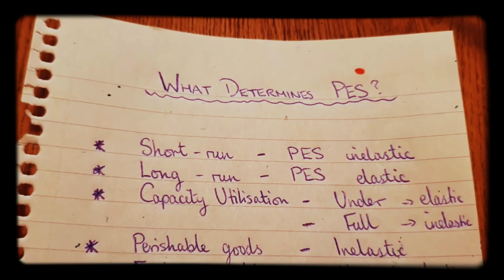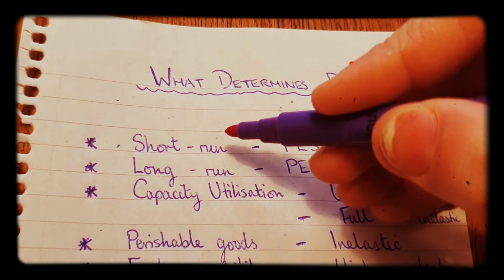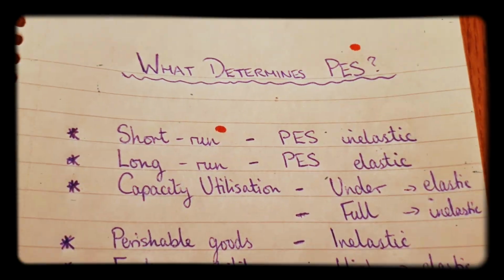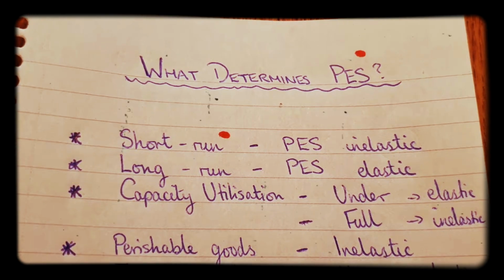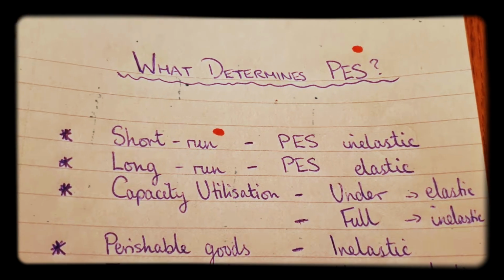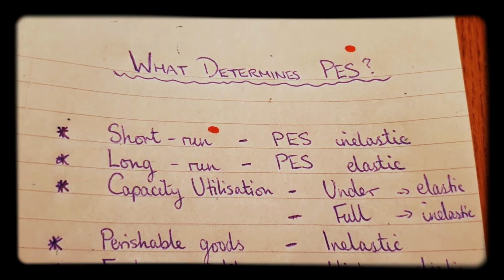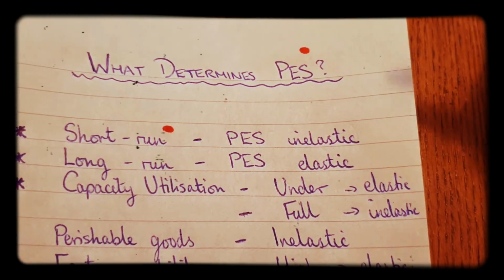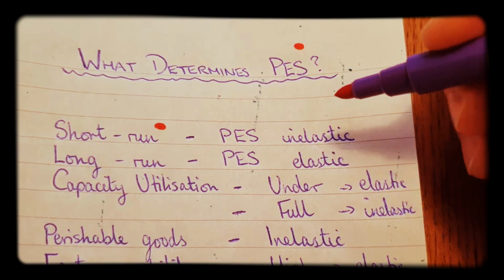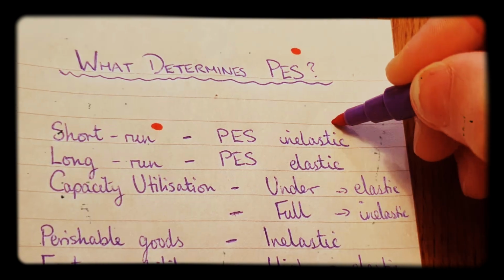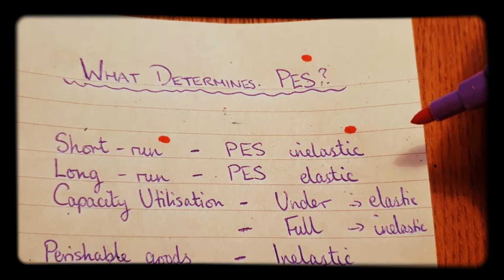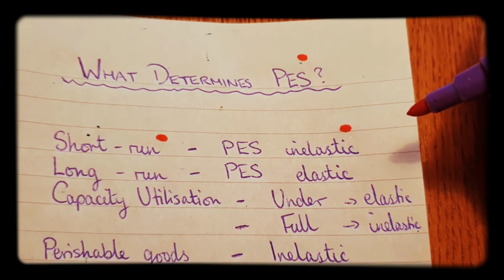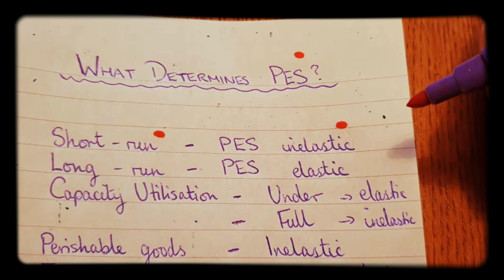Okay, so for example, if we are in the short run, where we have a limited factor of production, for example capital, we are limited by one of our factors of production, our price elasticity of supply is likely to be inelastic because we're not going to be able to respond very quickly if there is an increase in demand or an increase in price.